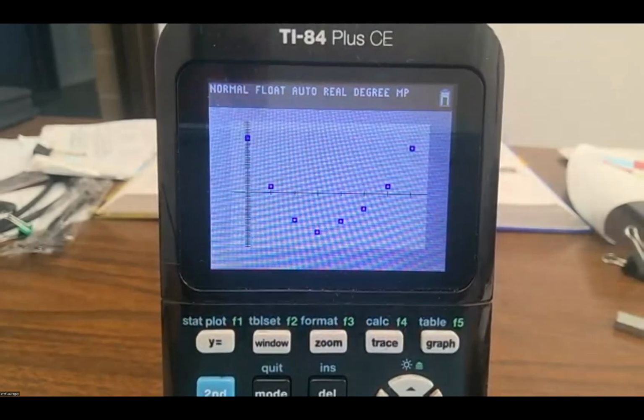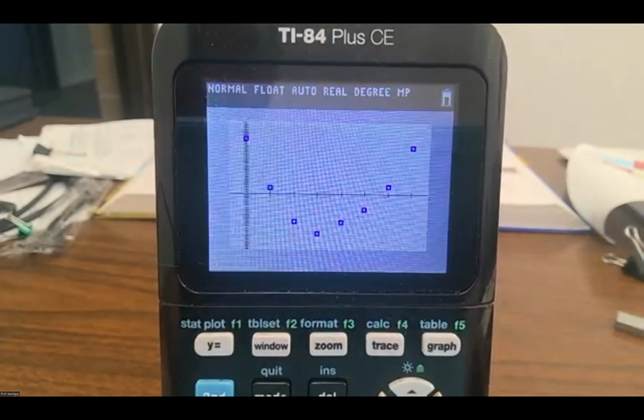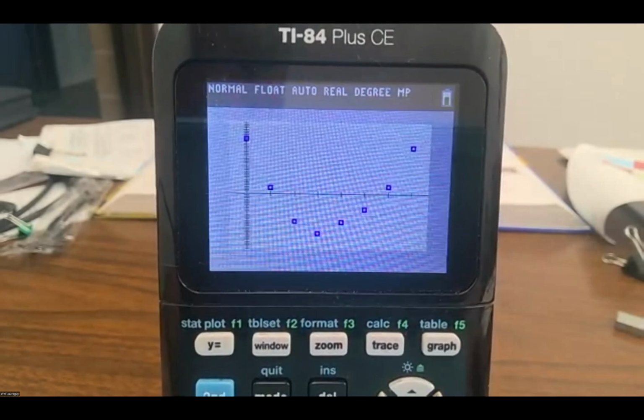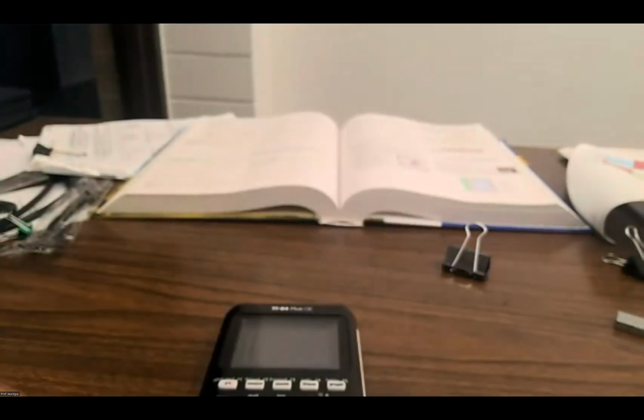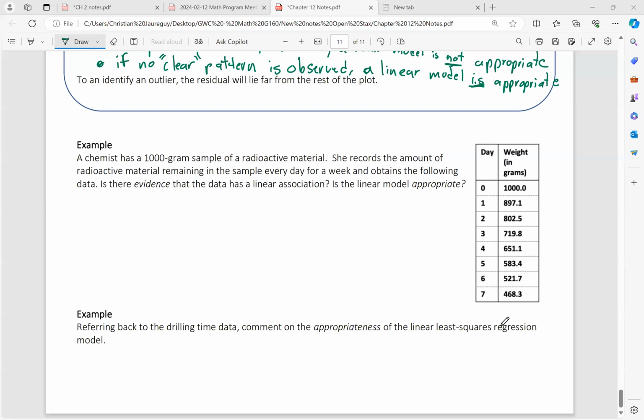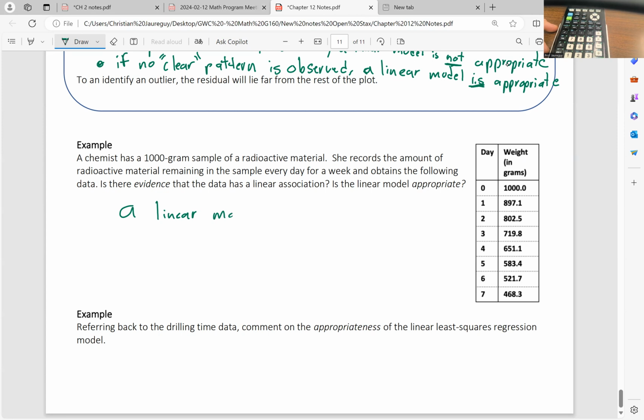But for these notes, what I'd expect you to write, or a sentence or an option I'd want you to choose is, let me share my screen, something like this. A linear model is not appropriate since there is a pattern in the residual plot.